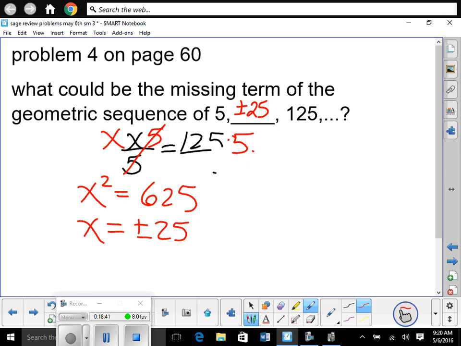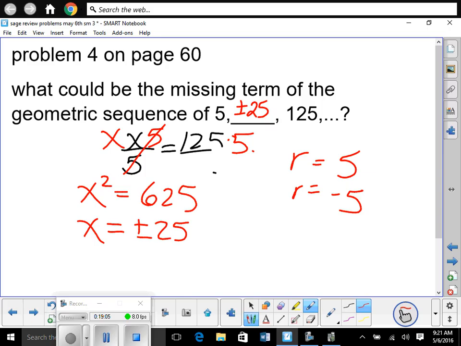What's the common ratio when you do 25 divided by 5? Which is 5. So our ratio, what we're multiplying by, is either 5 or negative 5, right? That was negative 25, we multiplied by negative 5, right?